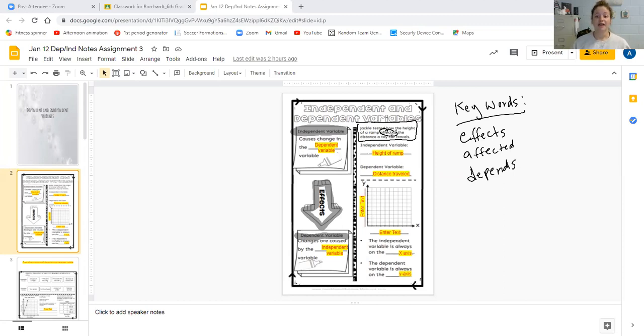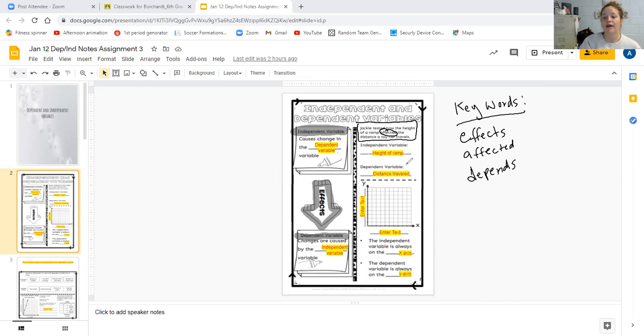Very good. The height of the ramp is your independent variable because that's going to stay the same. Depending on the height of the ramp, our dependent variable is going to be what? Your distance traveled. Very good.